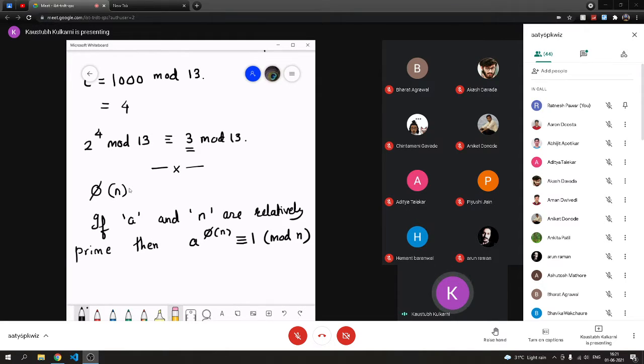Now note the fact that n is not a prime. In Fermat's theorem you had a prime number over here. Instead of that prime number, now you have any integer. N can be any integer, and here instead of p minus 1, we have phi of n.